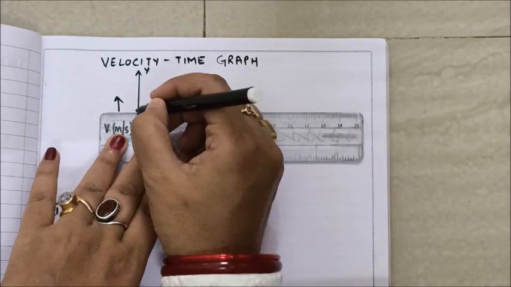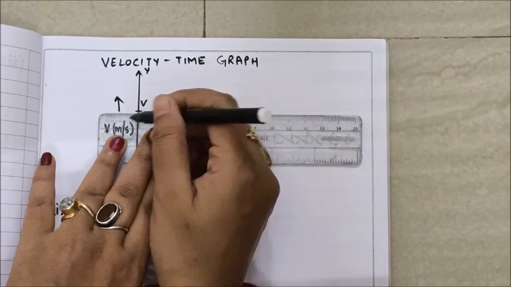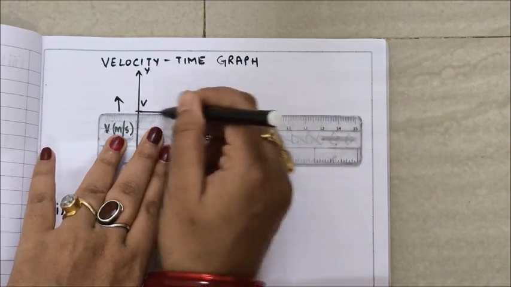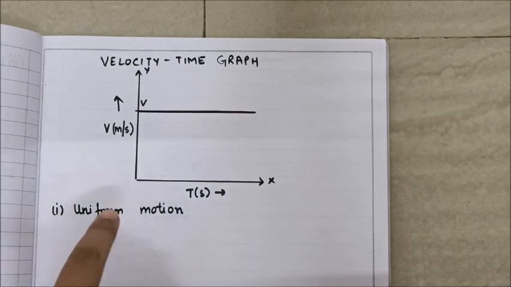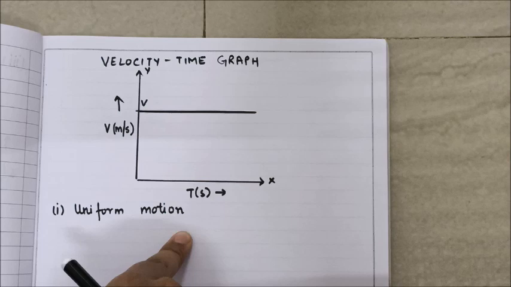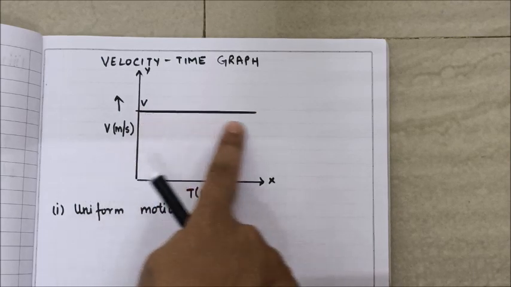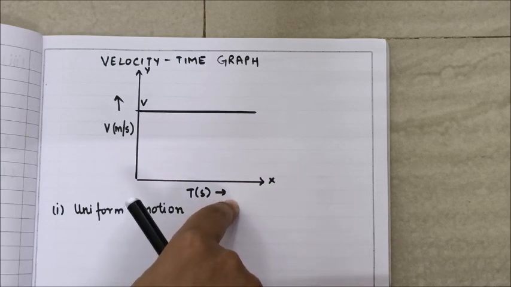Suppose we take a velocity v over here, and this velocity is going to be the same for the rest of the time. So we see that in a velocity time graph, an object in uniform motion is plotted as a straight line parallel to the time axis or x-axis.